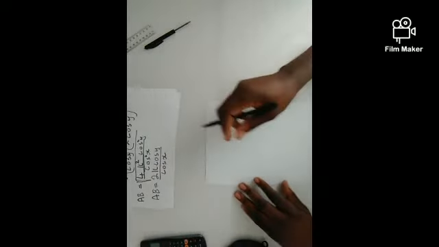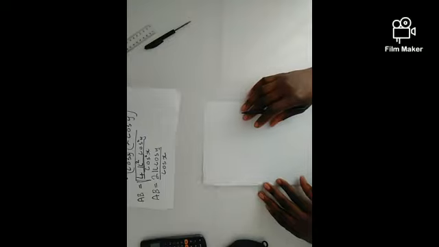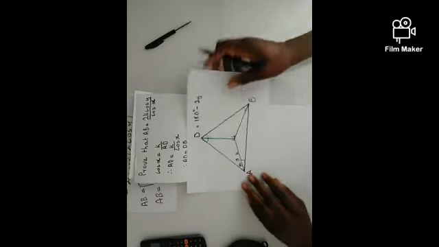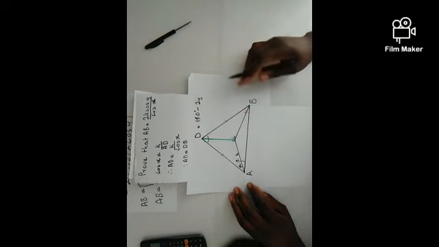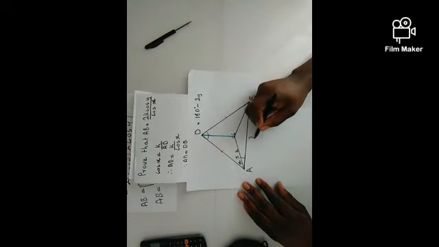Using the sine rule, we already know AD, and if we look at the triangle, we are looking for AB.